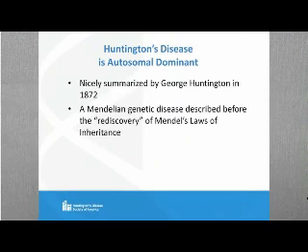He proposed a genetic mode of inheritance for this disease that really confirmed in a human disease what Gregor Mendel, the founder of genetics, was describing in pea plants at about the same time.